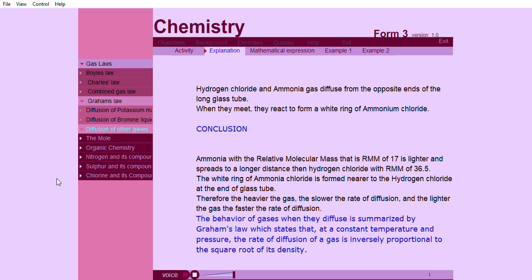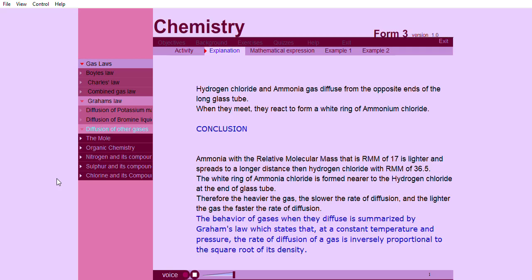Conclusion: ammonia with the RMM of 17 is lighter and spreads a longer distance than hydrogen chloride with RMM of 36.5. The white ring of ammonium chloride is formed nearer to the hydrogen chloride end of the glass tube.